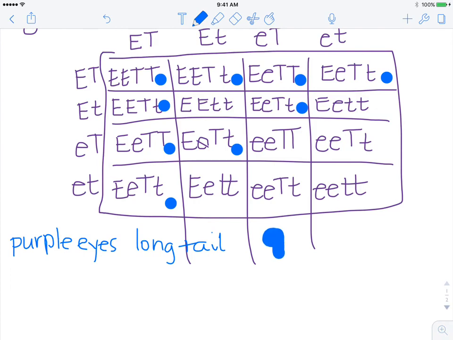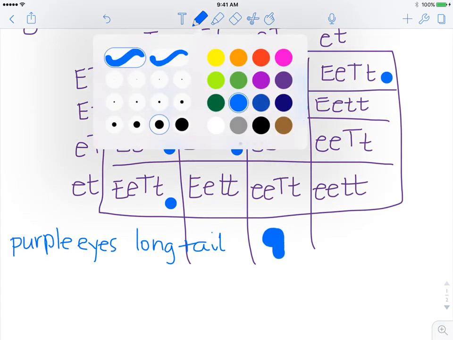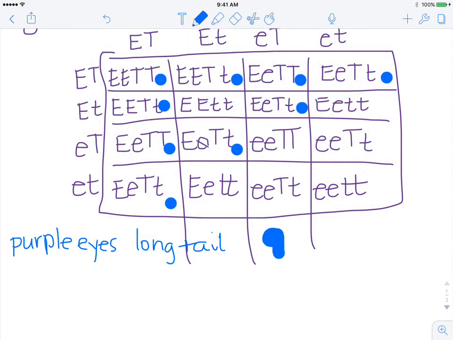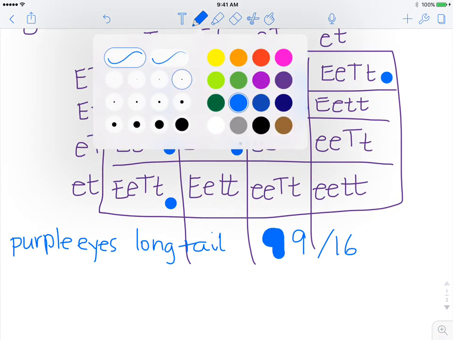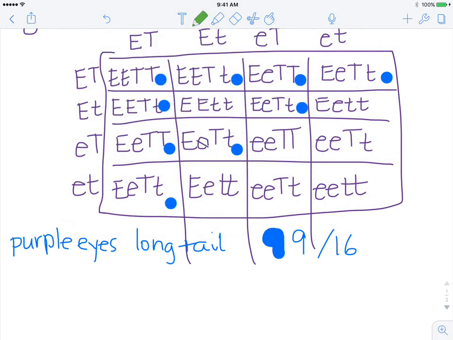So 9 out of 16. We'll change our color again and take a look at purple eyes, short tail.